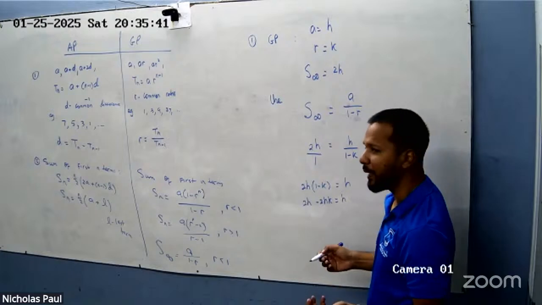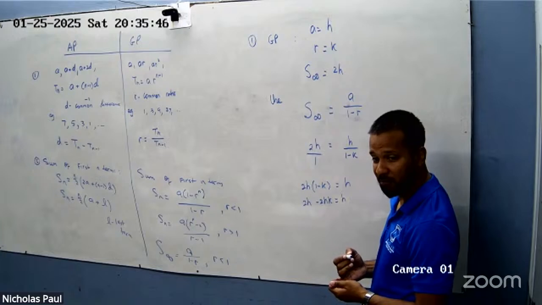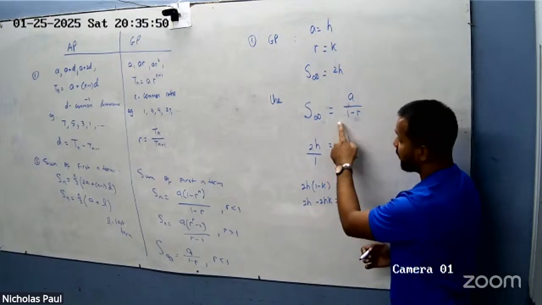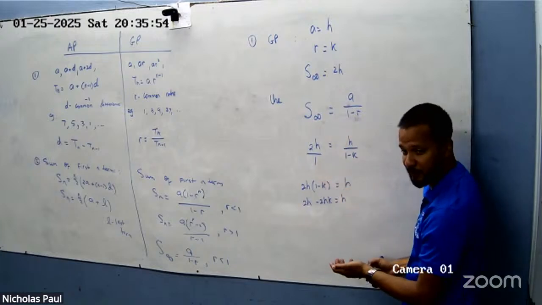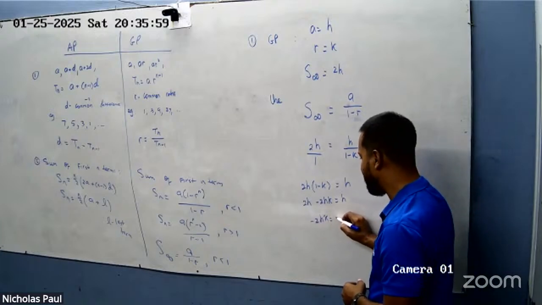After you multiply things out, normally bring like terms together. I'm just following generic rules, right? Two fractions are cross multiplied, I expand it out, I bring like terms together. So I'll get minus 2hk is equal to h.